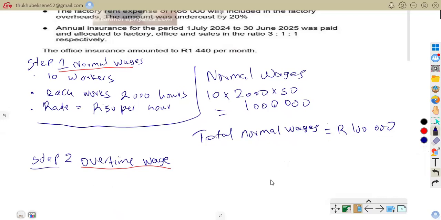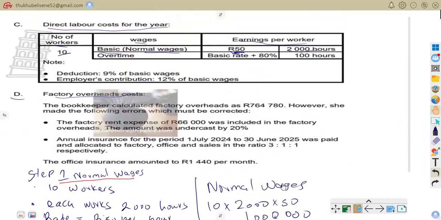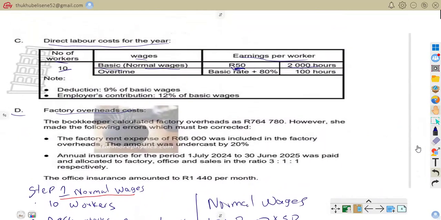With overtime wages, if you can come to our question now for overtime, it says overtime is basic rate plus 80%. And then the hours now on overtime is 100 hours. That is the information that you're going to use, good people.